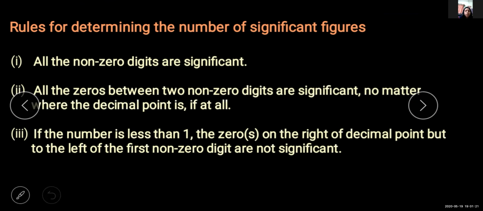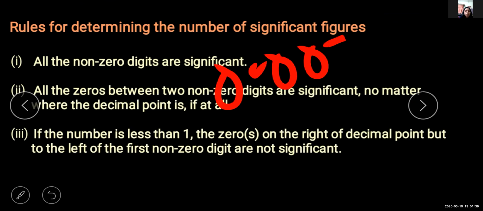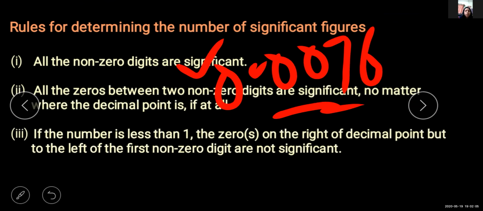If we write the number 0.00, according to this rule, the number is less than 1 and the zeros are on the right of the decimal point but to the left of the first non-zero digit, so they are not significant.